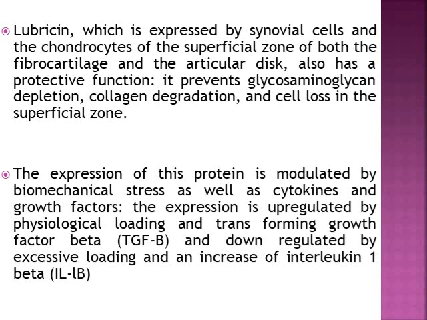It has a protective function: it prevents glycosaminoglycan depletion, collagen degradation, and cell loss in the superficial zone. So this is very important for protection from collagen degradation and cartilage degradation.